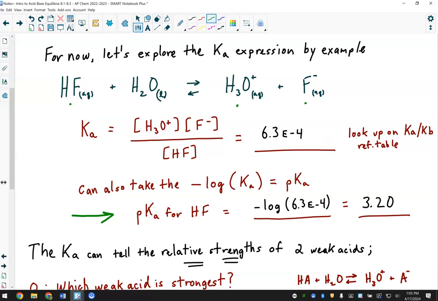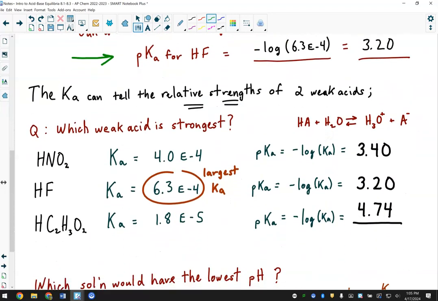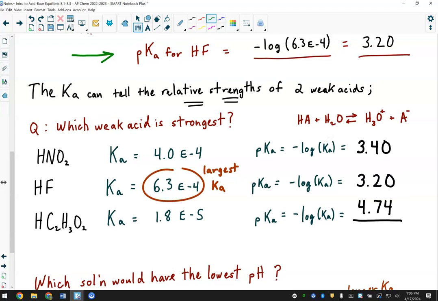Okay. Now, looking at the Ka can tell you the relative strengths of weak acids. So the value of Ka can help you say, okay, all these acids are weak acids, but which one is the strongest of the weak? Well, the one that makes the most H3O+.